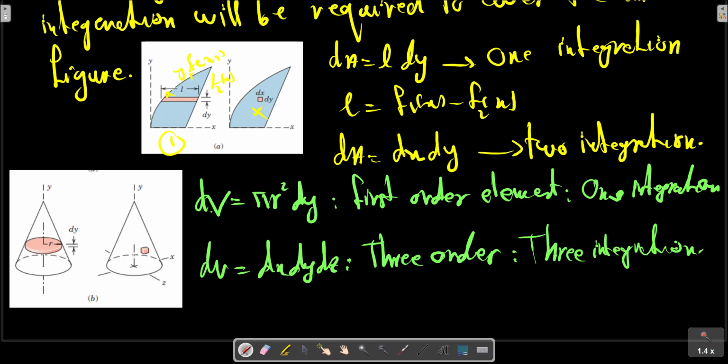Continuity is the second note for choosing an element.